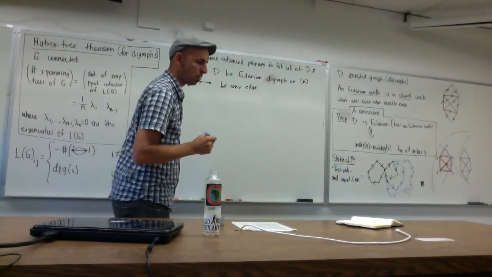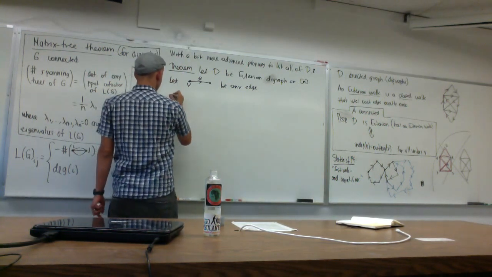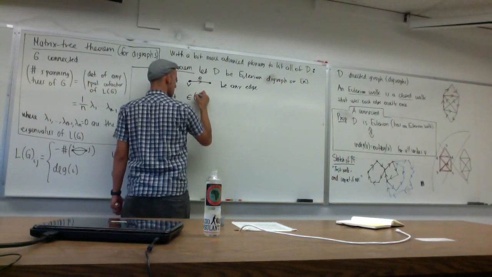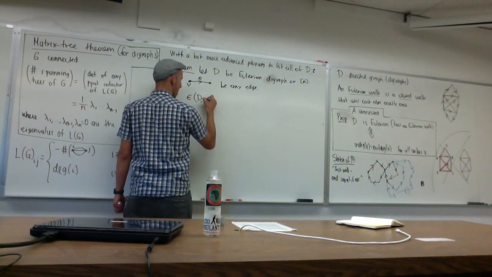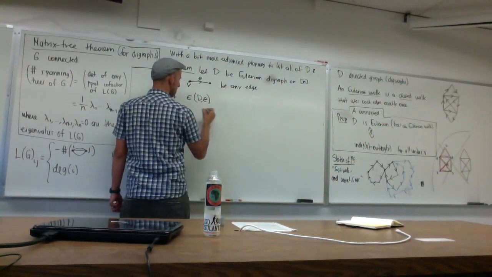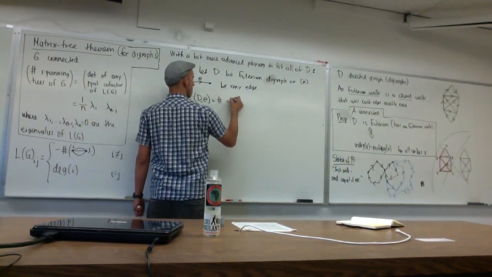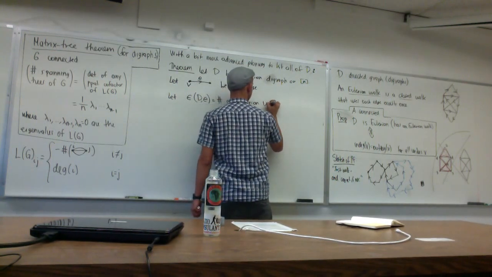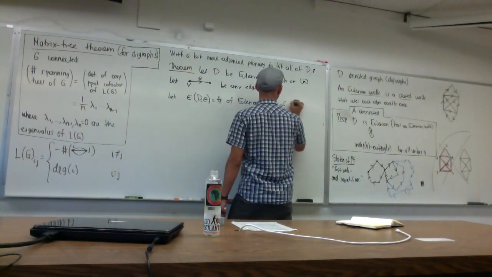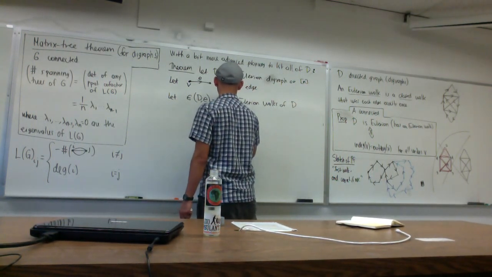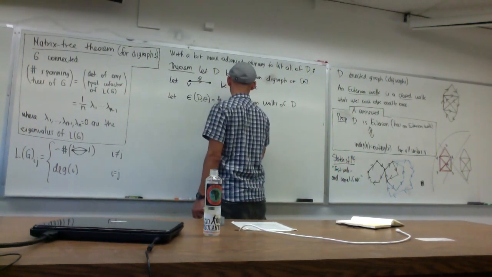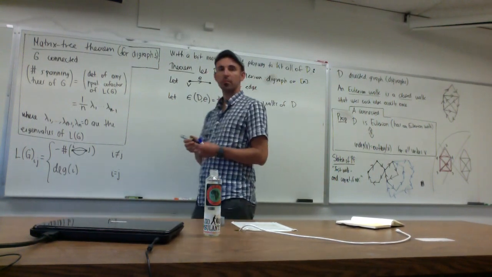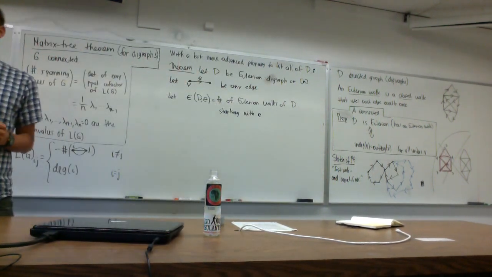Now, let this be the number of Eulerian walks of D starting at E. Okay, the number of ways that you can traverse this graph starting with the edge E.